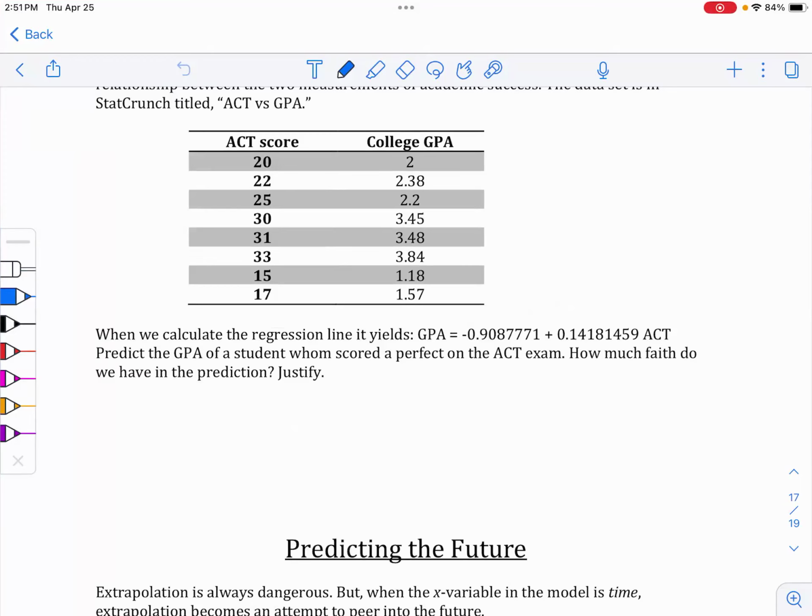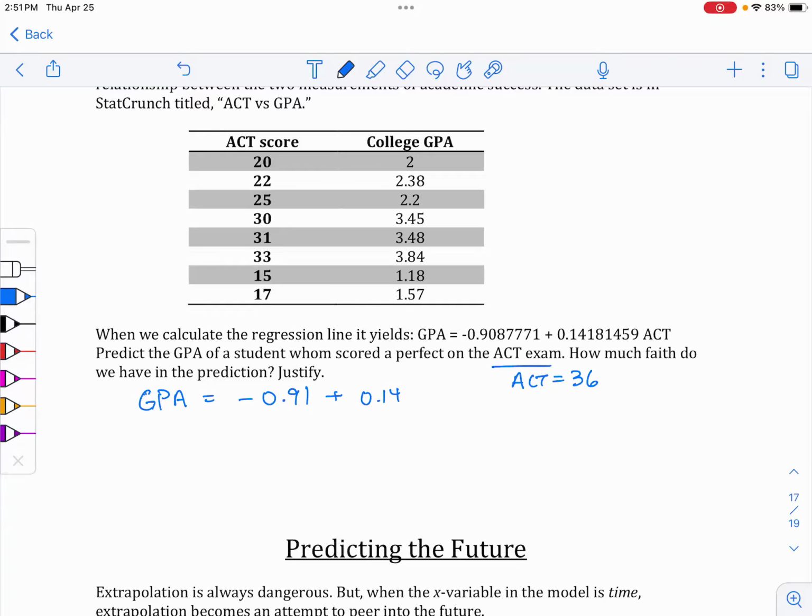I want to predict the GPA of a student who scored a perfect on the ACT exam, and how much faith do we have in this prediction? So the general concept, predicting with StatCrunch: a perfect on the ACT exam is a 36.